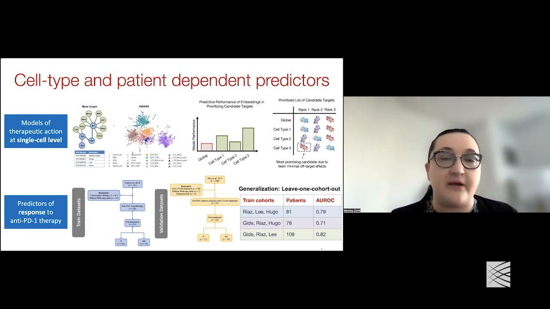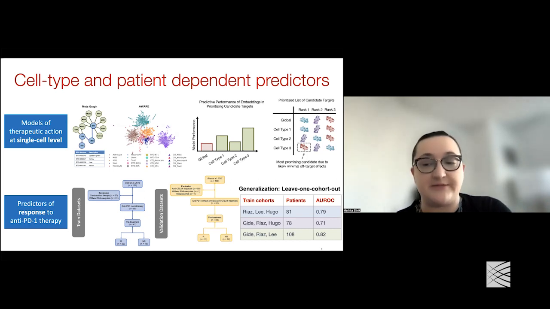For example, here I'm just showing two examples of how cell type specific and patient specific protein representations can be used to design ML models that can predict therapeutic action and disentangle it at the single cell level, or build predictors of patient response to various immunotherapy treatments.